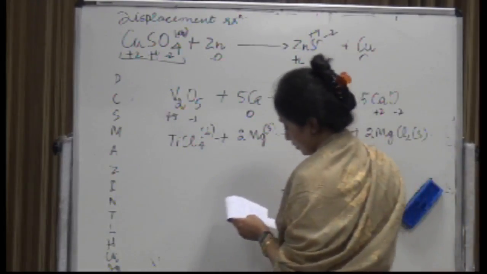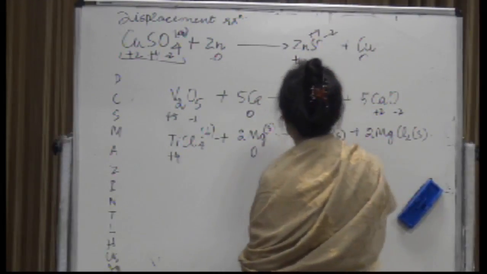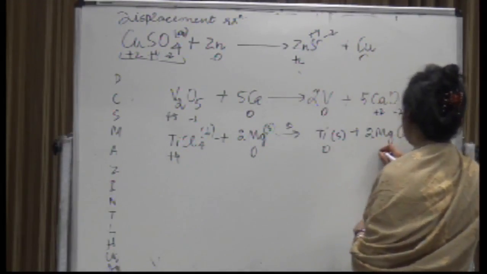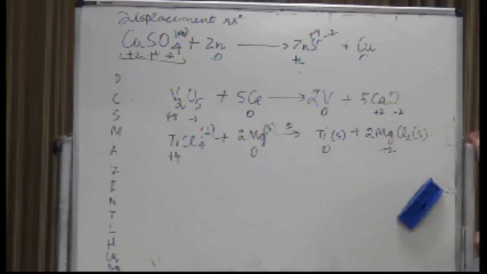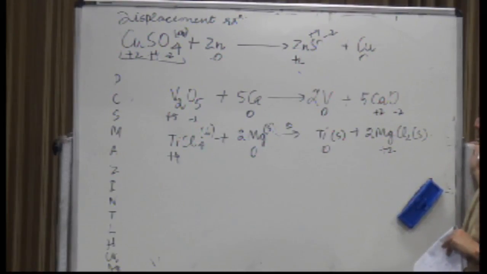Alright, so here the oxidation states are +4, -1, 0, 0 and +2 and -1 of course. So titanium is getting reduced from +4 to 0 and magnesium is getting oxidized.